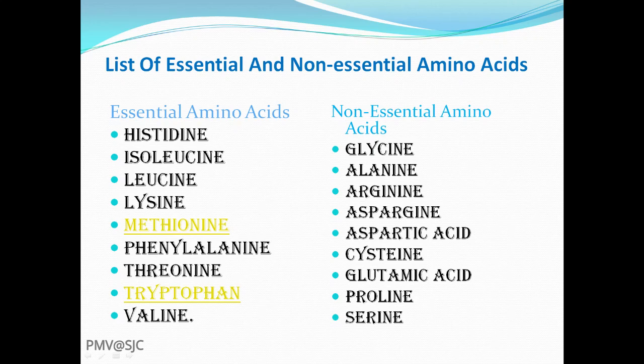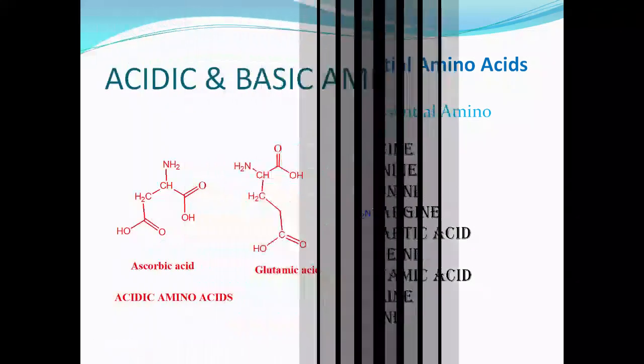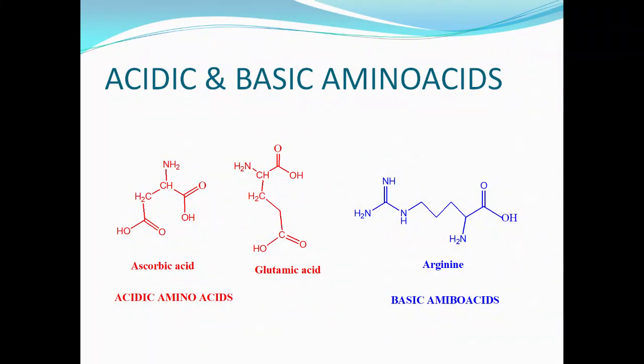Similarly, in glutamic acid, you find one carboxylic acid and one amino group on the first carbon, and an additional carboxylic acid group on the gamma carbon. These are considered acidic amino acids, which contain one or more acid groups.